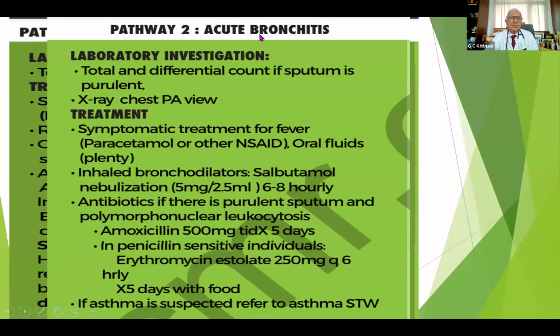Bronchitis means bronchial inflammation. So that requires total and differential counts if the sputum is purulent. X-ray chest is an essential part when you are suspecting lower respiratory tract infection.